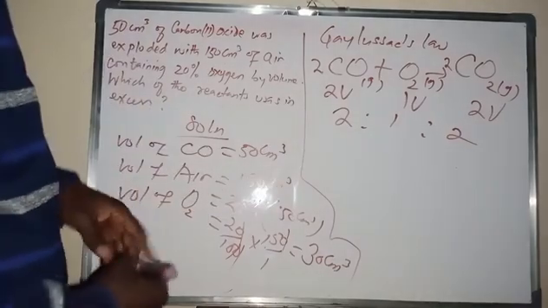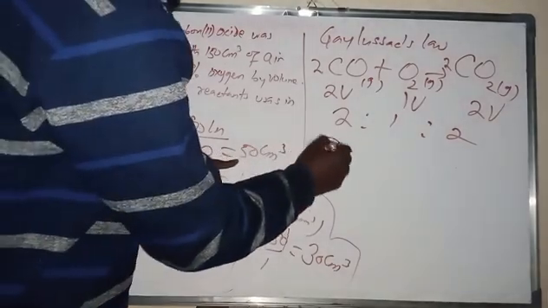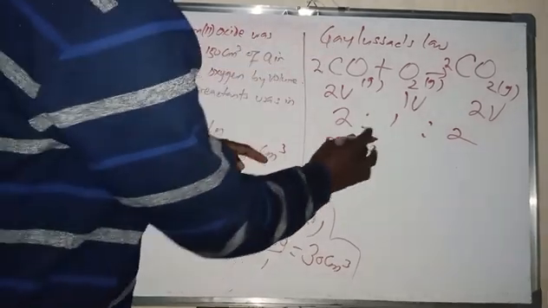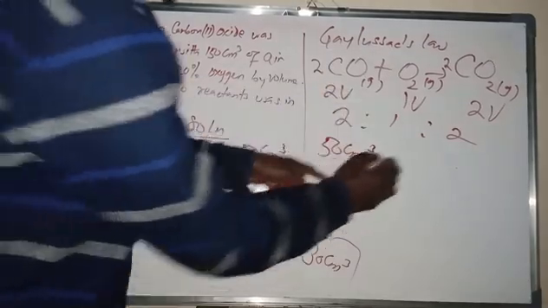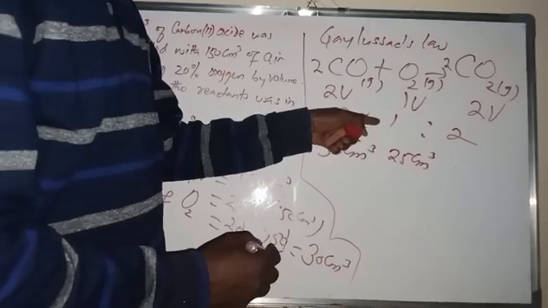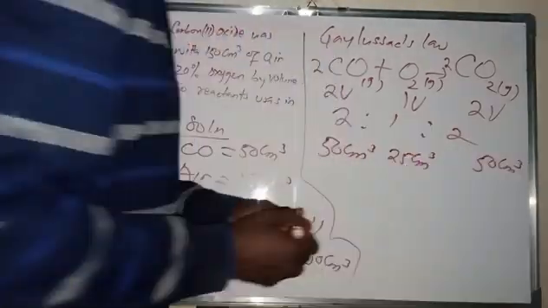Now, what was supplied? We are supplied with 50 cm³ of CO, which means it should require half of it, 25 cm³ of oxygen, by this ratio to give us 50 cm³ of carbon dioxide.